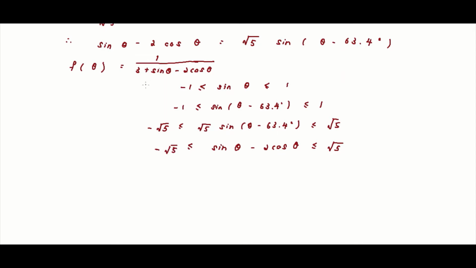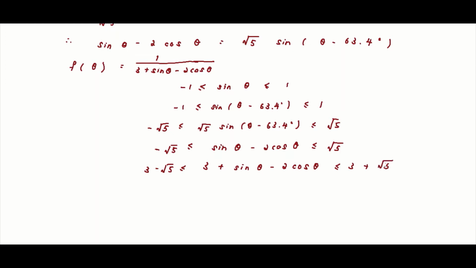Then after that, they do 3 plus, so you need to do the same thing as well: 3 plus sine theta minus 2 cos theta. Since you are plus 3, it will be 3 minus square root 5 and 3 plus square root 5.